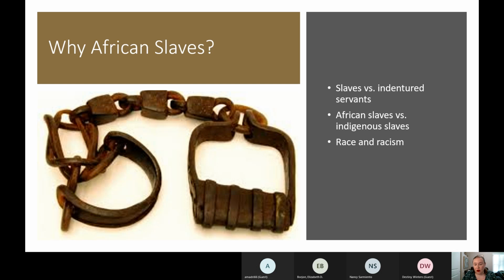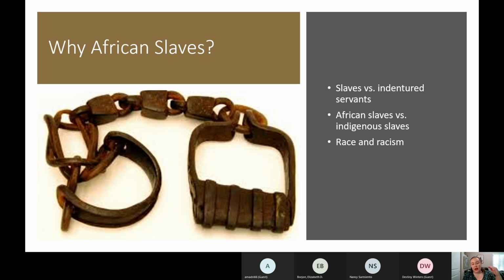So slaves don't make a whole lot of sense early on in colonial history because if people are dying, like we saw with Virginia, right? People are dying at a rapid rate. That makes no sense to pay all this money to invest in a slave and then have them die, right? Because then you lose your investment relatively quickly.